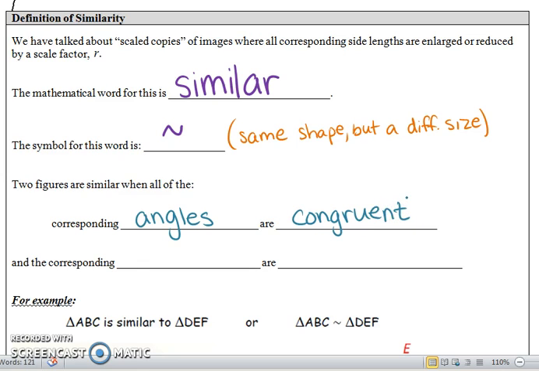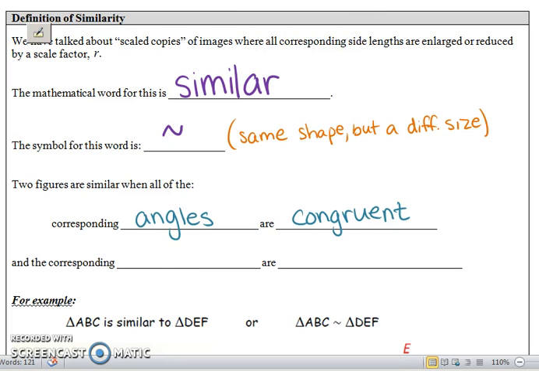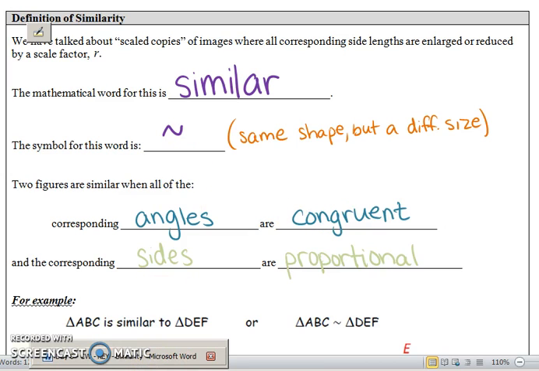And the second property is that all of the corresponding sides are proportional. So again, two figures are similar when all of the corresponding angles are congruent and all of the corresponding sides are proportional.